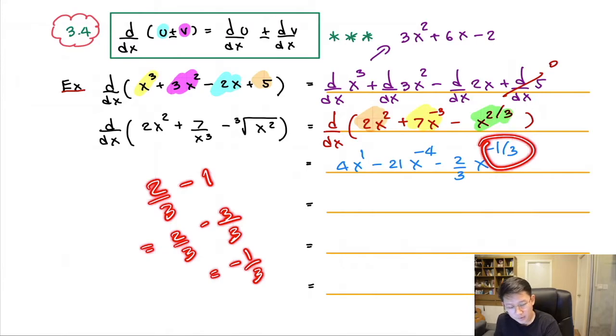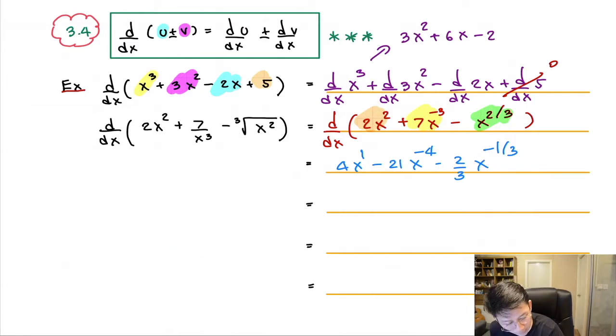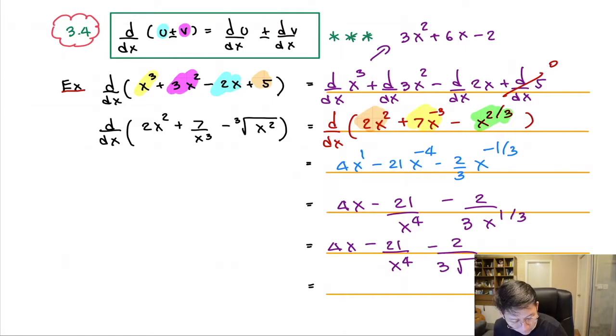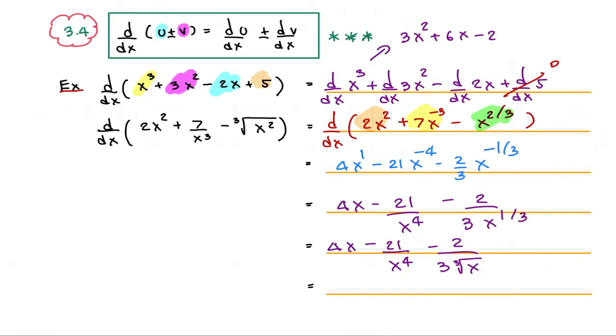Okay, and then I have 4x minus 21 divided by x to the power of 4 minus 2 divided by 3x to the power of 1/3, which is 4x minus 21 divided by x to the power of 4 minus 2 divided by 3 cubic root of x. Okay, does it make sense? It's actually pretty simple, isn't it?